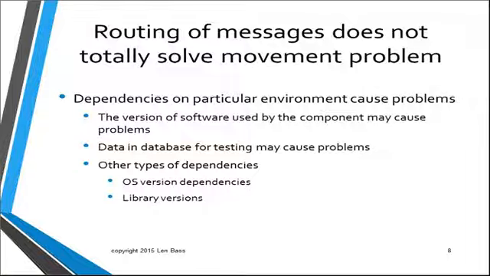You have dependencies on particular environments, so the version of the software you're using can cause problems if it's different in different components. The data in the database for testing may cause problems if you don't refresh it. You have other types of dependencies. You have the OS, you have library versions, and so on. So you ask, isn't this exaggerating the problem?